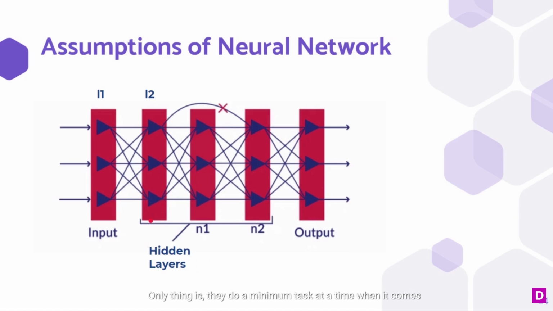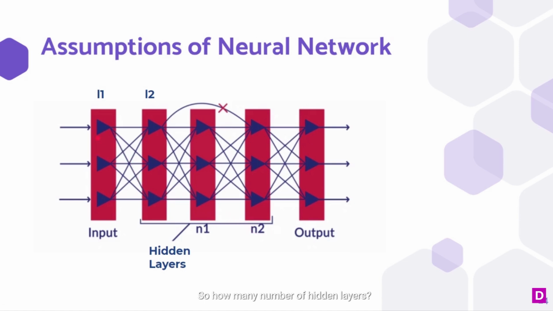When it comes to image processing or any complex task, just an input and output layer would not be sufficient to get accurate results. So we introduce the concept of hidden layers in between the input and output layer.